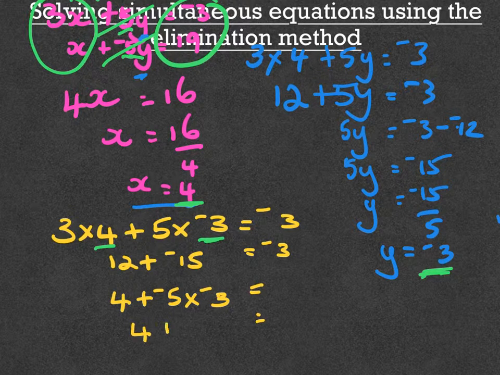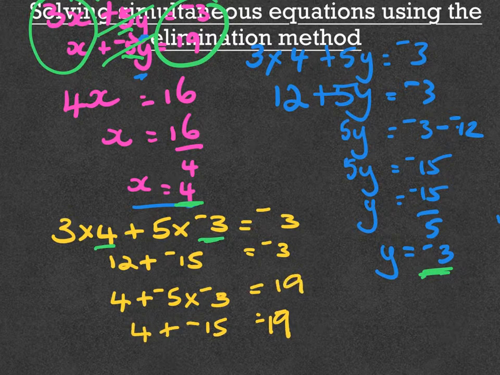So 4 plus negative 15 will give us 19 as our answer, because that's what we're looking for. Therefore, we are correct.